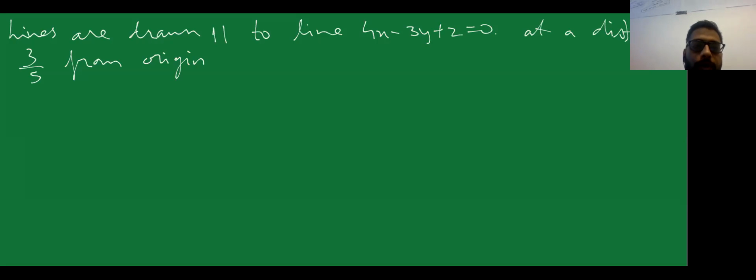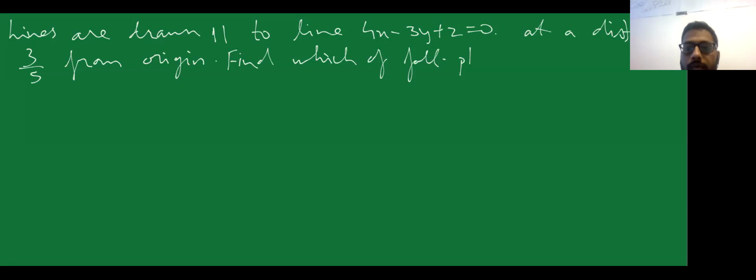Which of the following points lies on the line? So find which of the following points lie on the line.